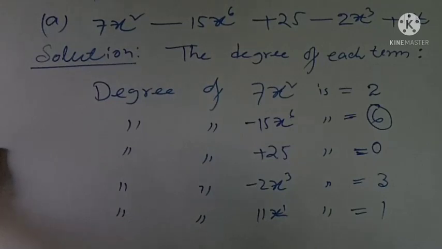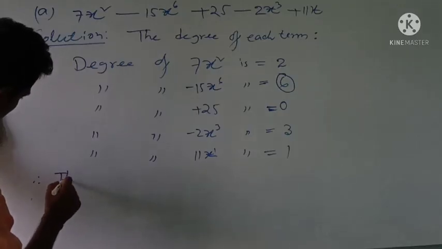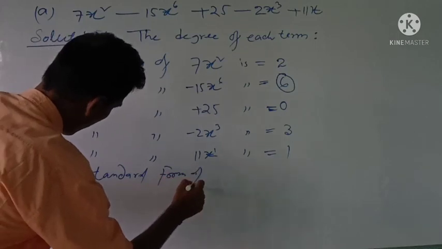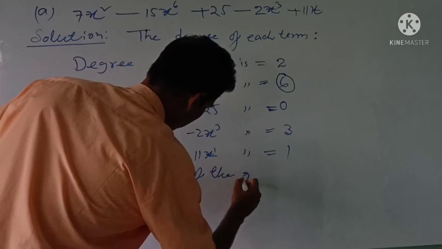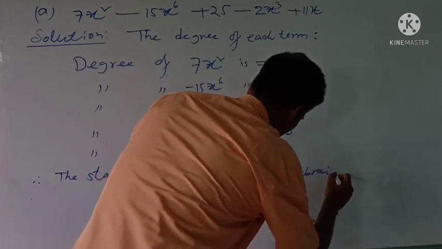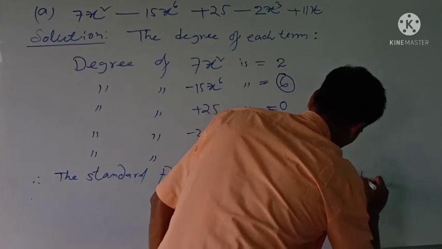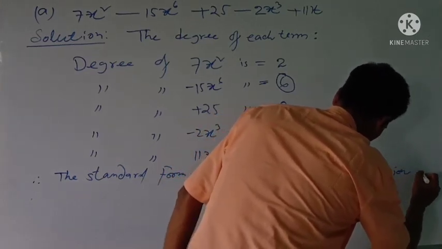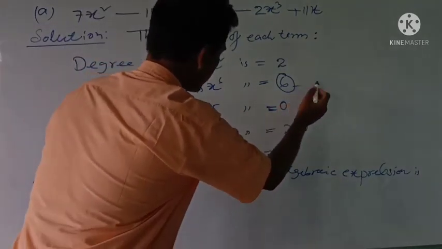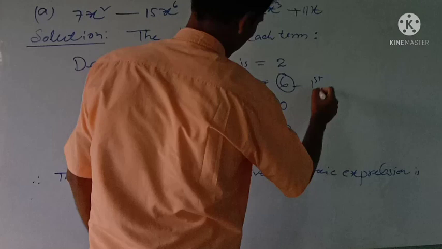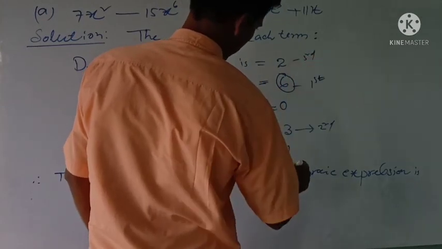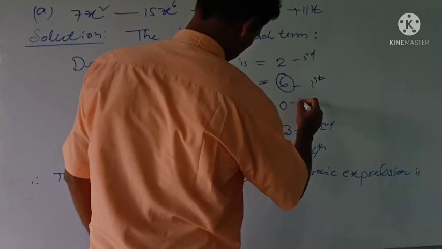So the standard form of the given algebraic expression is: first the highest degree 6 term will come, then the degree 3 term second, this is the third term, this will be the fourth term, and this will be the fifth term.